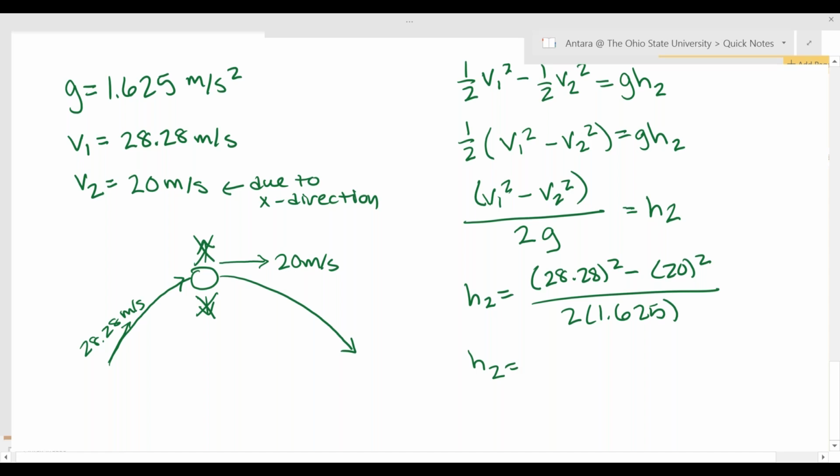So let's plug those numbers in, and I get 123 meters. That is how high the golf ball is when it reaches its highest point, starting out with that initial total velocity.